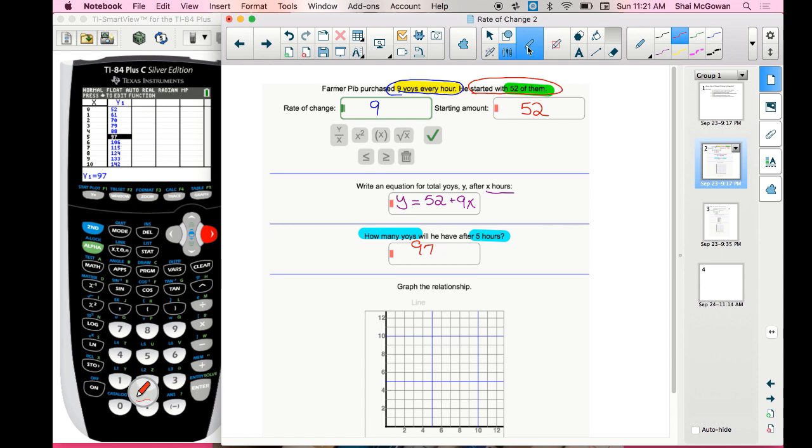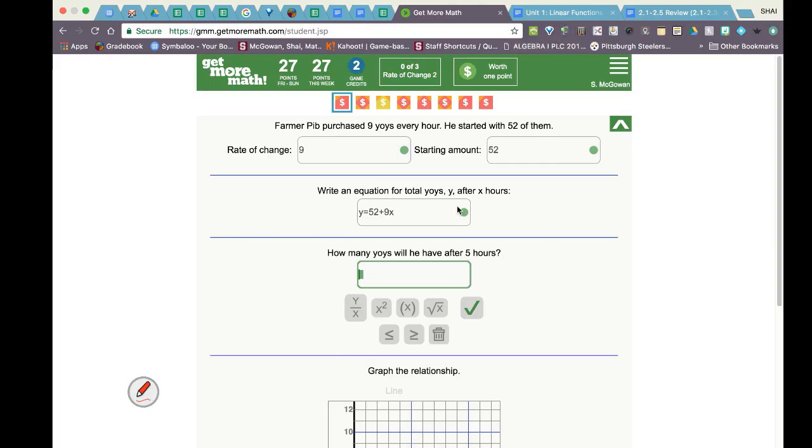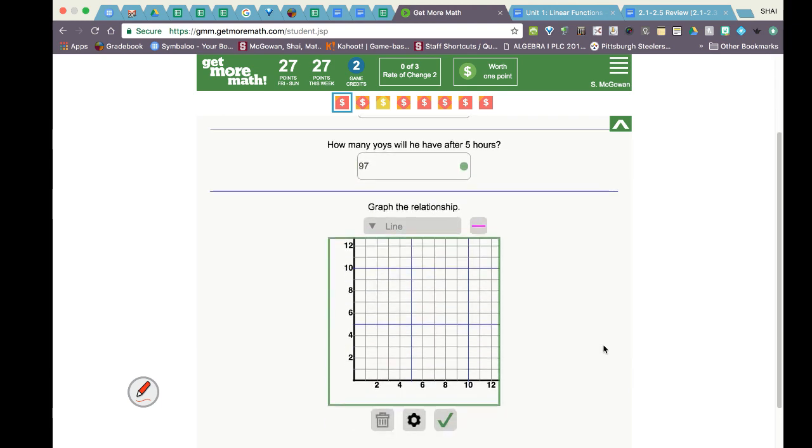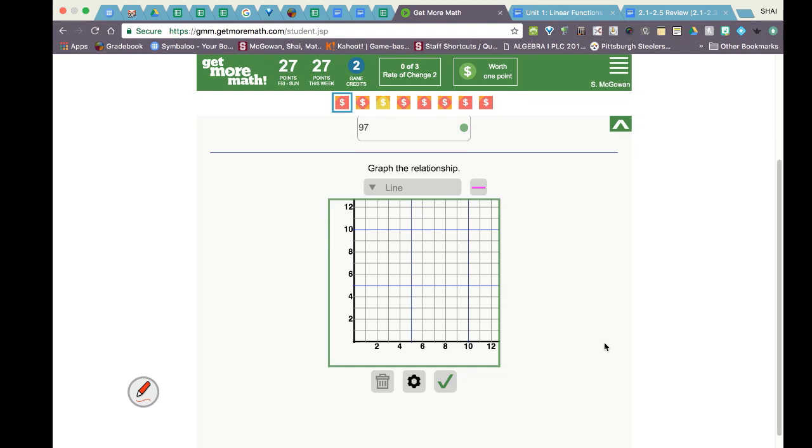We could have said 52 plus 9, and instead of x we put 5, and done the math by hand. So 52 plus 45 is indeed 97. Now back to GMM. I'm going to put a 97 here, and I'm going to check my answer. So that is correct.